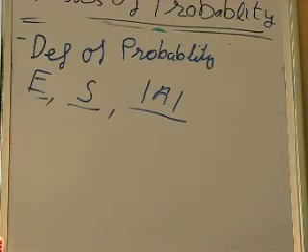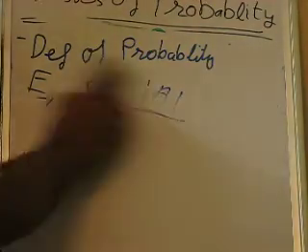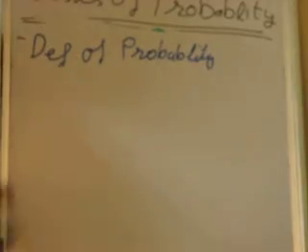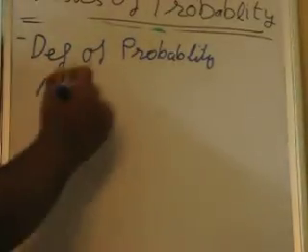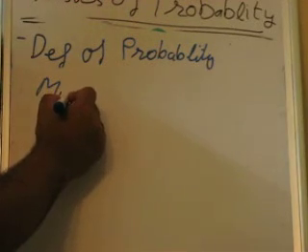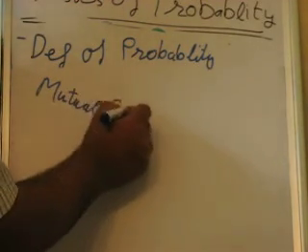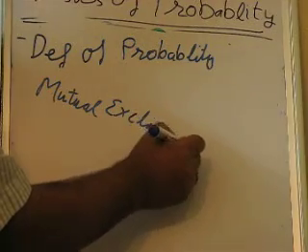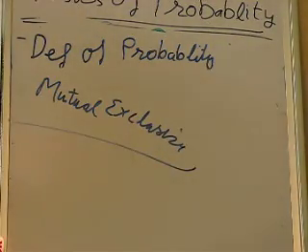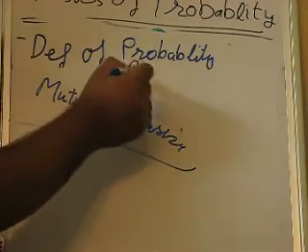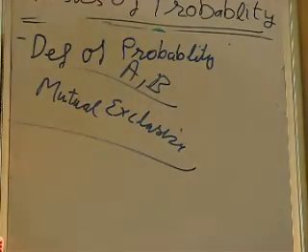There are some more points like mutually exclusive events. This is a term that we will use very frequently in the entire probability section. Consider you have two events, A and B. When these two events are not dependent on each other, that means occurrence of A does not have any impact on the occurrence of B, then you say that the events are mutually exclusive.